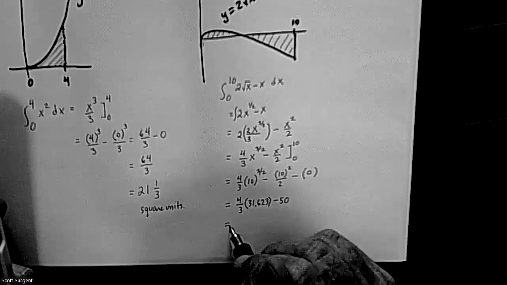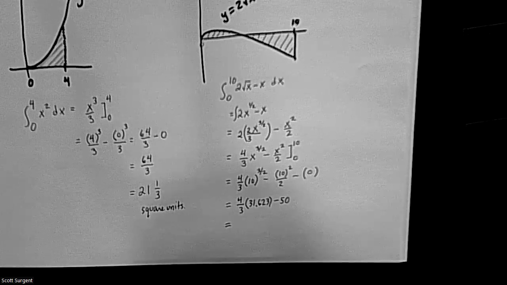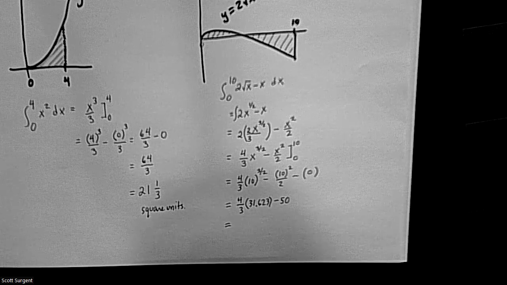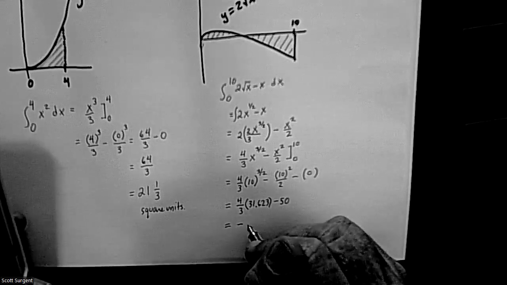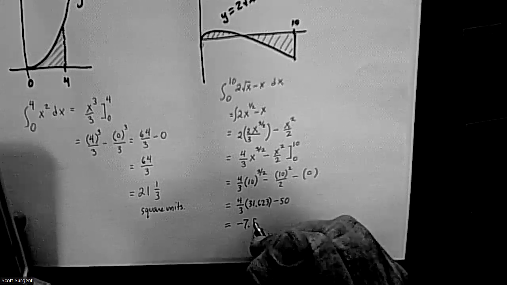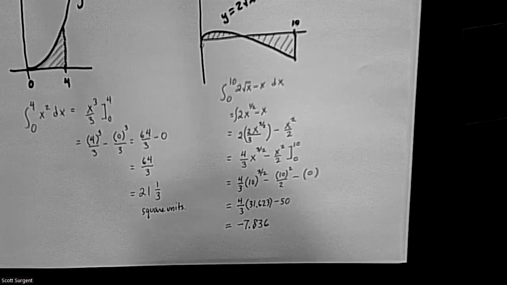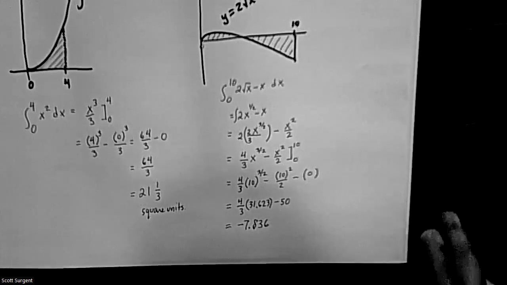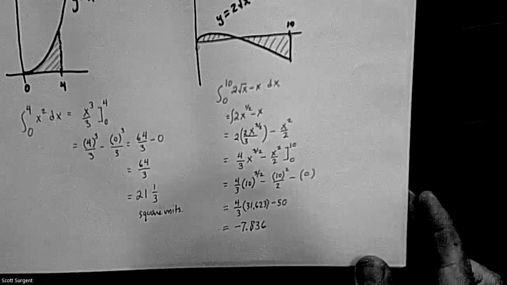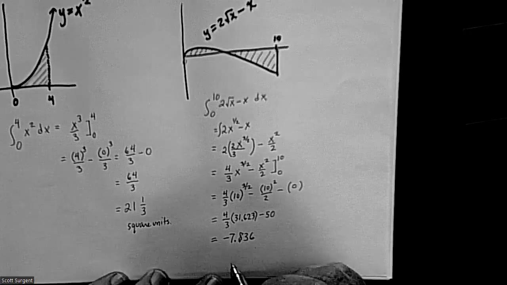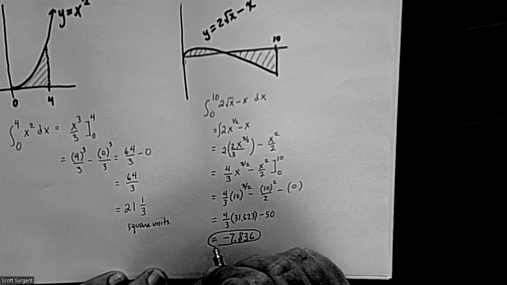So if I finally work this out, 4/3 times 31.623 and then minus 50, I actually get a negative number. I get negative 7.836. Okay. Now remember, when you have a case where the curve is both above and below the x-axis, like you see here, this is going to give you net area.